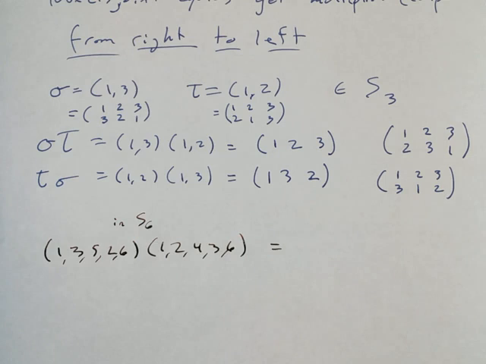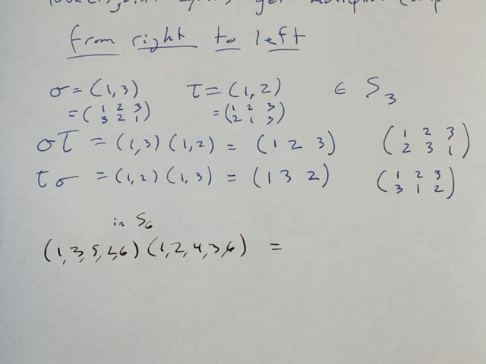Now, by default, because I think of this as living in S6, I know I'm going to have to look at what happens to 1 and 2 and 3 and 4 and 5 and 6. I almost always start at 1. You don't have to. You can start anywhere you want. I'm almost always going to start at 1, just to see what happens.